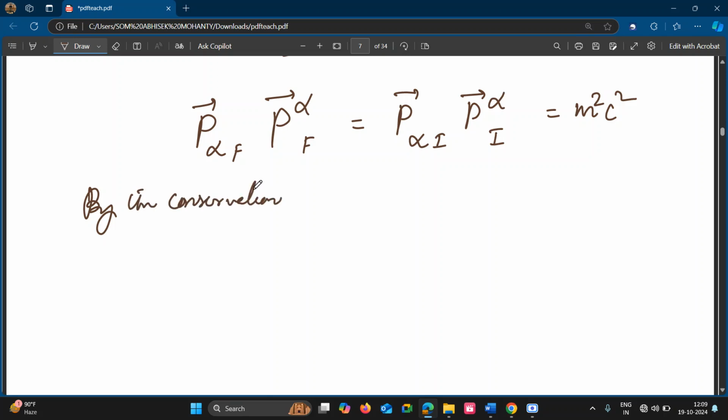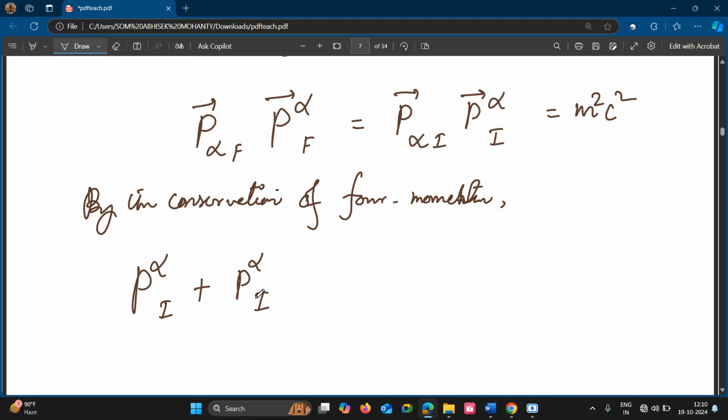by the conservation, just a minute, I will just connect the charger. So by the conservation of four-momentum, it will be p alpha I plus p bar alpha I, which is equal to p alpha f plus p bar alpha f.